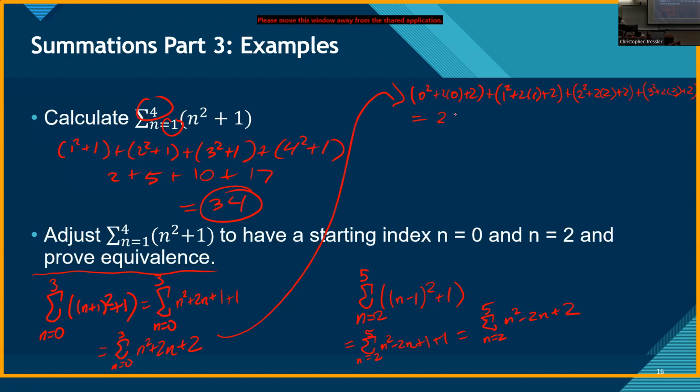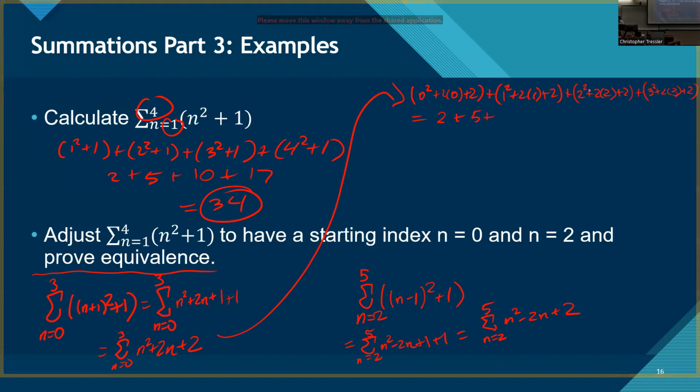We're going to get 2 plus 1 plus 2 plus 2, really is 5, plus 2 times 2 is 4 plus 2 is 6, plus 2 to the power of 2 is 4. So 6 plus 4 is 10. And finally, we get 3 squared, which is 9, plus 2 times 3, which is 6. So 9 plus 6 is 15 plus 2 is 17.